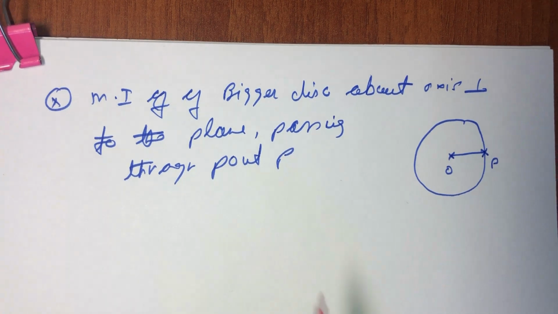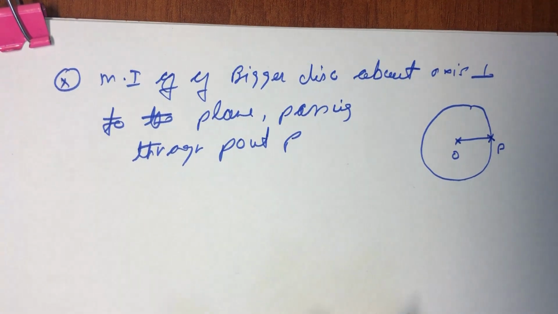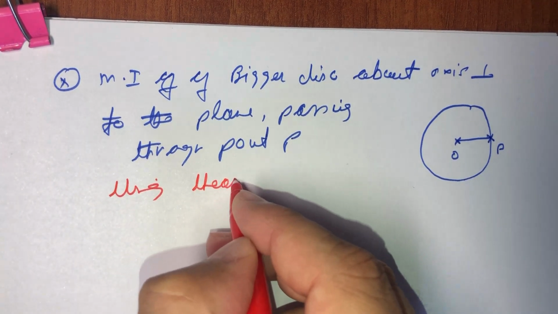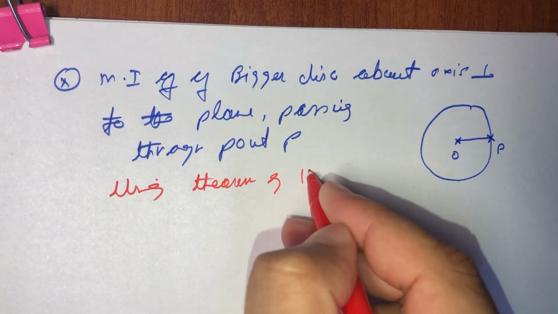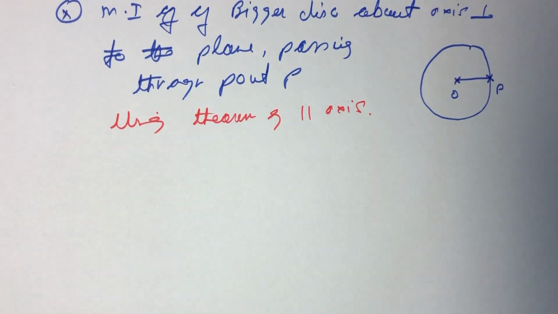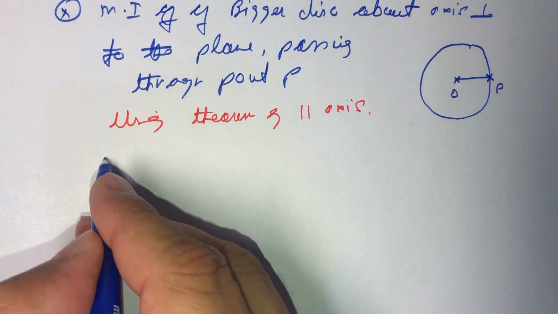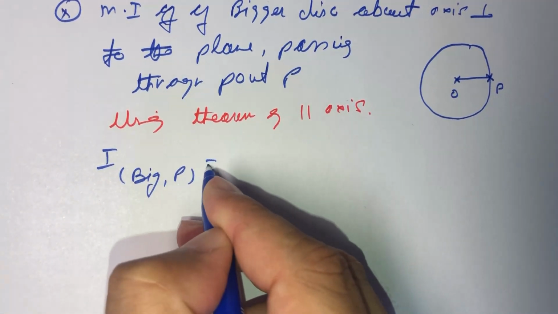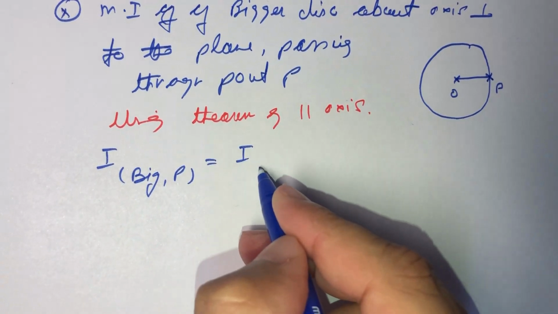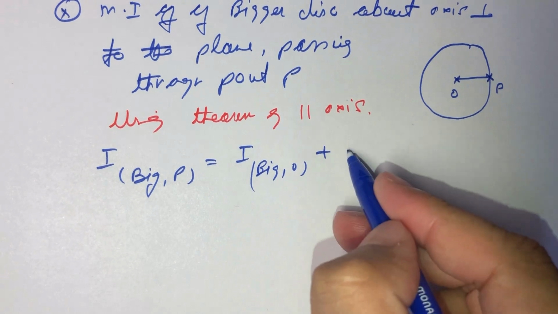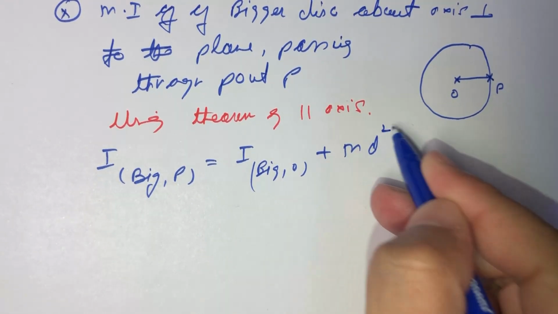The moment of inertia of the big disk about point P is equal to the moment of inertia of the big disk about point O plus the mass and the distance square.